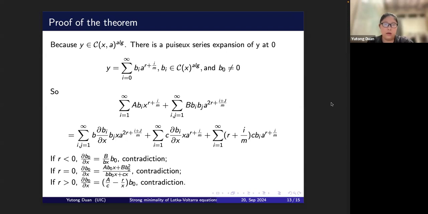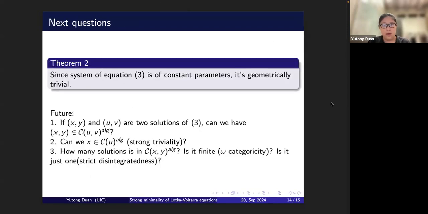You can see those are all contradictions for those three cases. That means we need to have theta of x be strongly minimal.